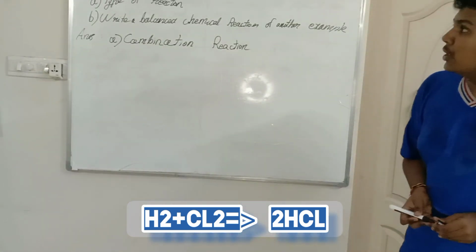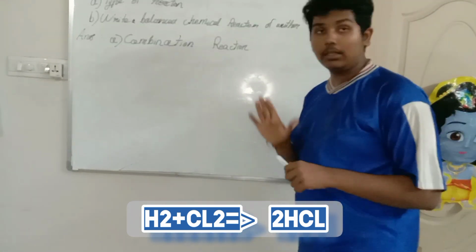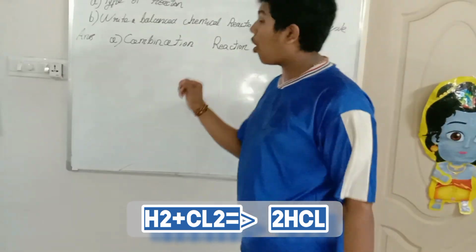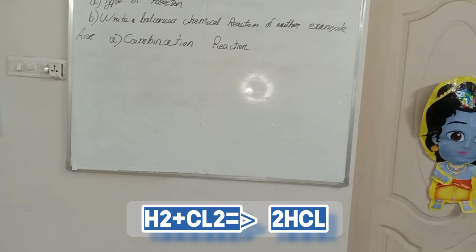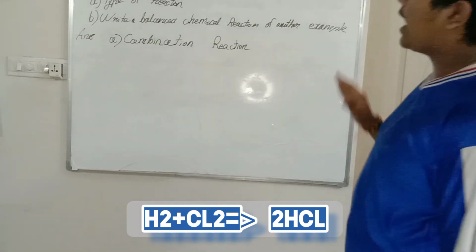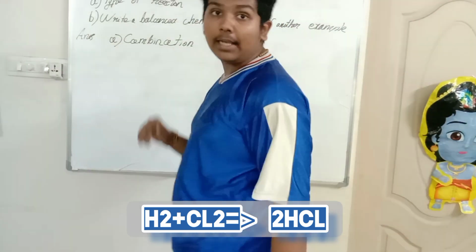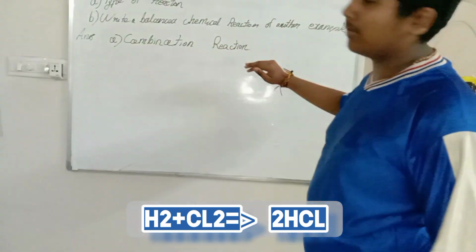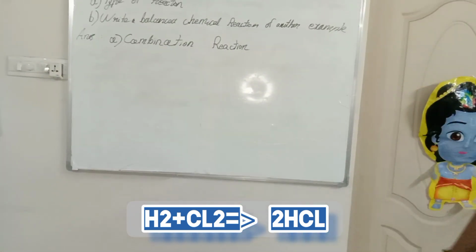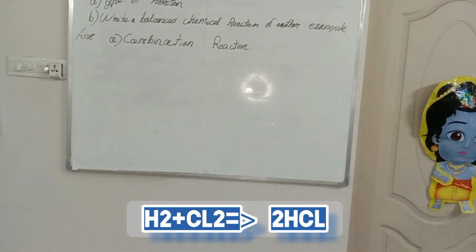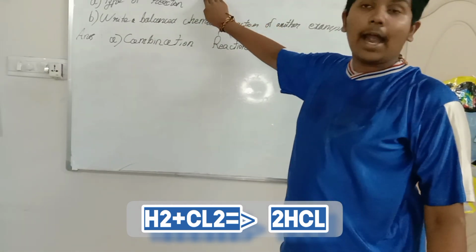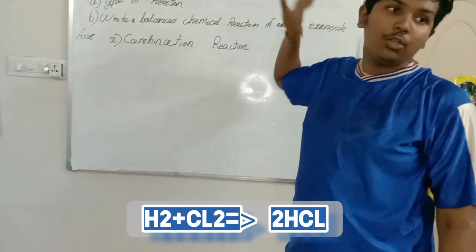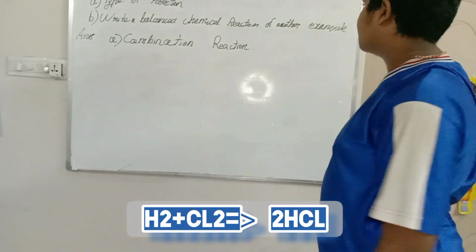So the given equation above is a combination reaction, because the hydrogen gas is combining with the chlorine gas, which gives you hydrochloric acid, which is in aqueous form.